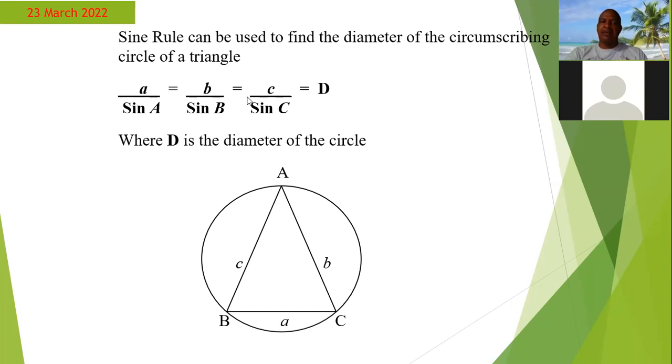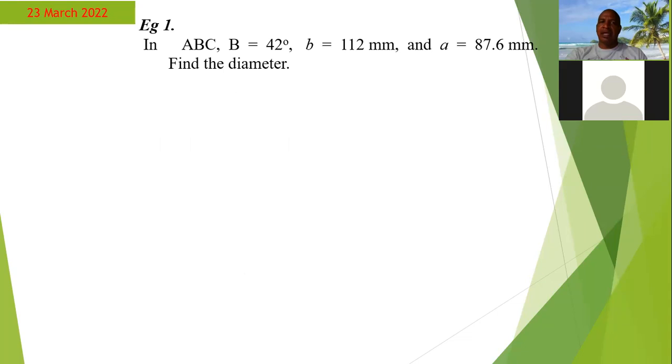The sine rule says that a over sine A equals b over sine B equals c over sine C, which is equal to the diameter D. So all you have to do to get the diameter is take one of these ratios. With a known side a and a known angle A, you divide the side a by the sine of angle A and you get the diameter, just as simple as that.